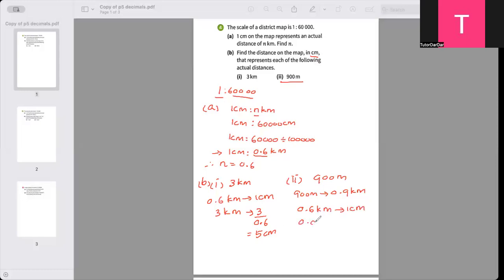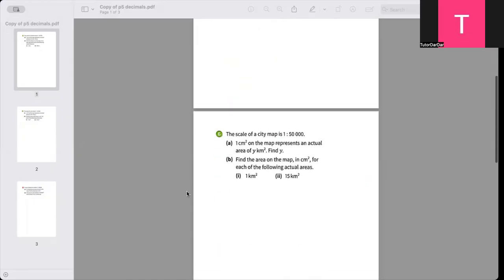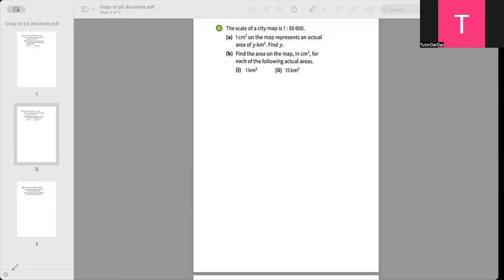So if we want 0.9 kilometer, you can see it becoming more, right? So 0.9 divided by 0.6, which will give you 1.5 cm. That's the answer. This is the answer, this is the answer, and this is the answer. Okay, next.